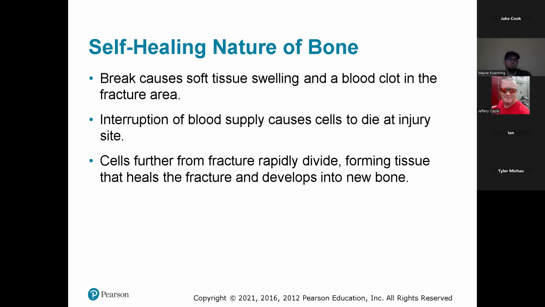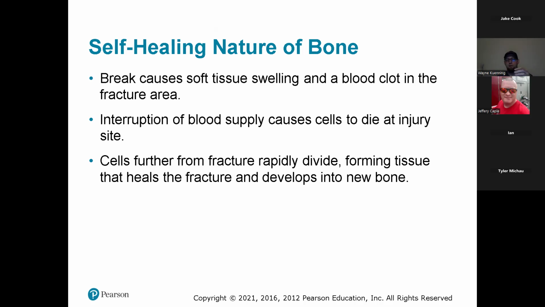When you break a bone, it actually creates a sac around that fracture. It's a hematoma around that fracture, and that's what allows the body to push the fibrin and the calcium and all of the things to start the reproduction of bone. If it's too much, creating compartment syndrome, it can cause cells to die at the injury site.